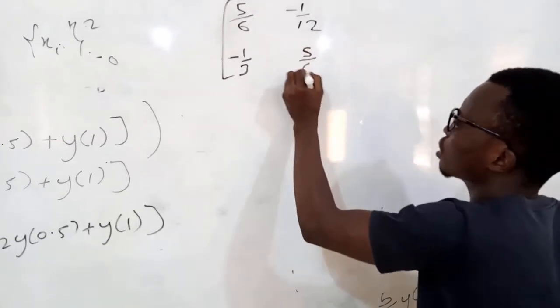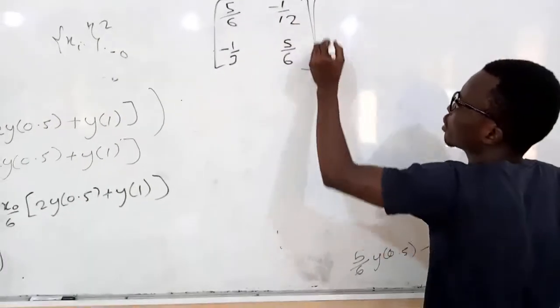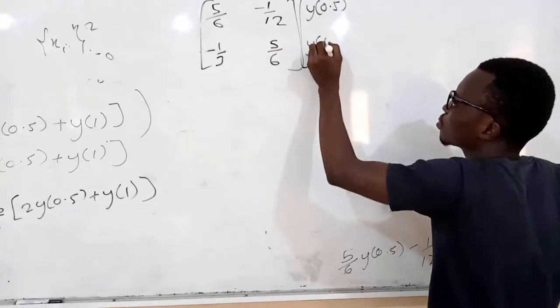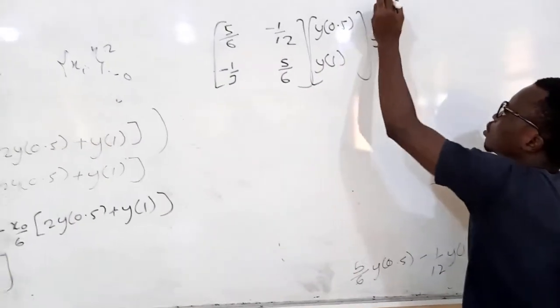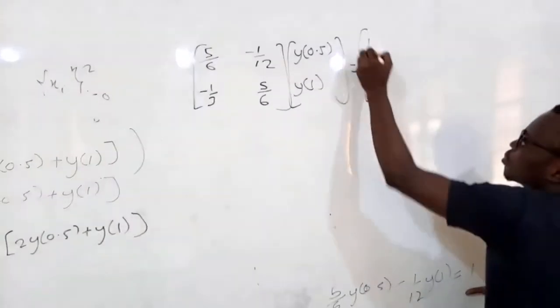Then the unknowns come to this side, which is equal to 1, and the other side is equal to 1.